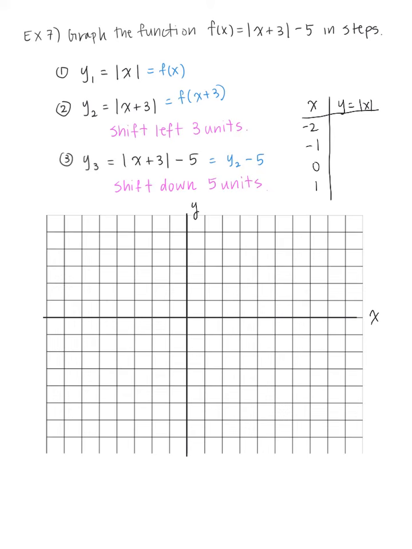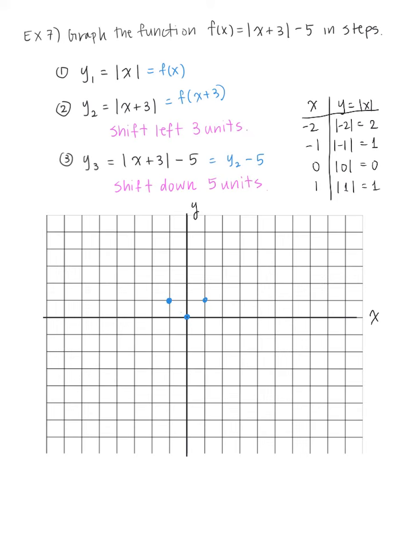So then our Y value is going to be absolute value of -2, which is going to give us 2. And then absolute value of -1 is 1. Absolute value of 0 is 0. Absolute value of 1 is 1. Okay, so we're going to have 0, 0. And -1, 1. And 1, 1. Is that right?